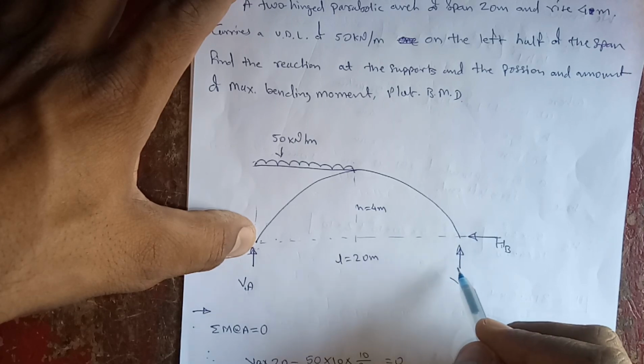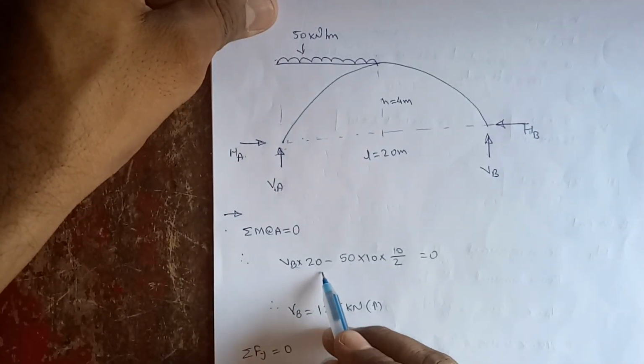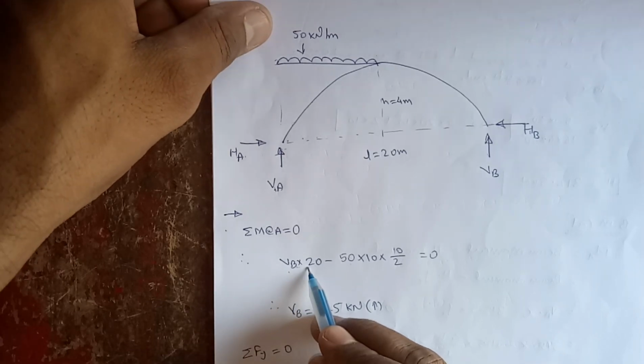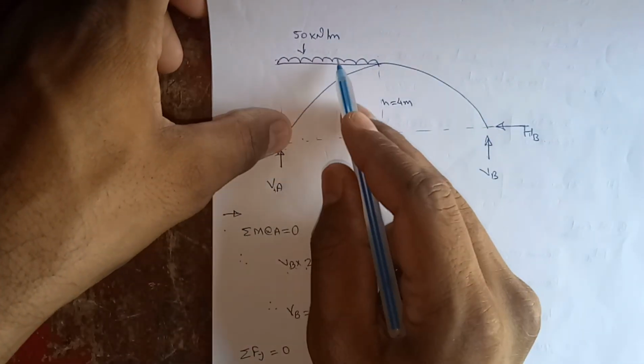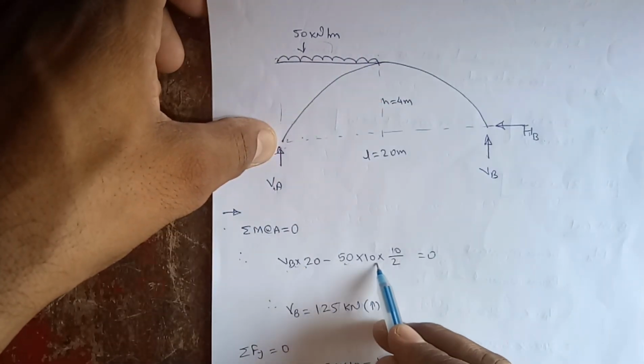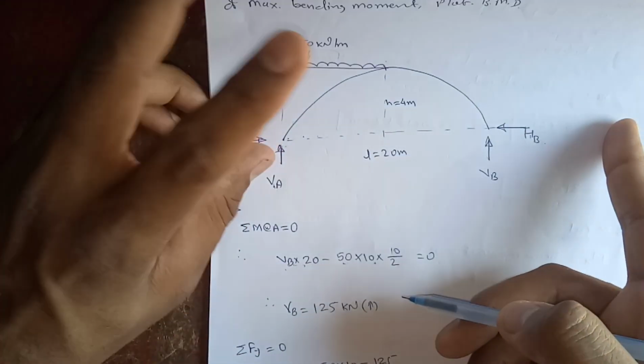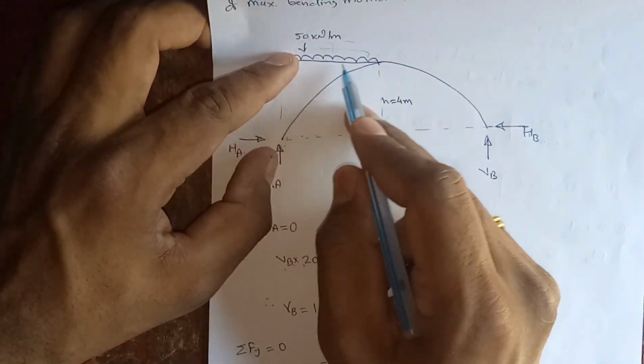First, due to VB, it is VB into 20, which is the span. Now due to this UDL, the total load will be 50 into 10, since this half span length is 10, multiplied by the CG where this UDL will act.